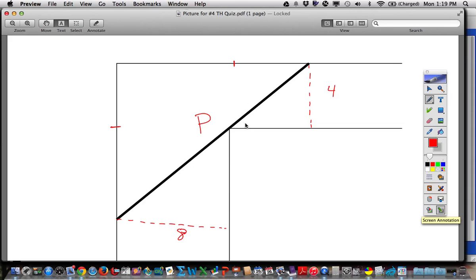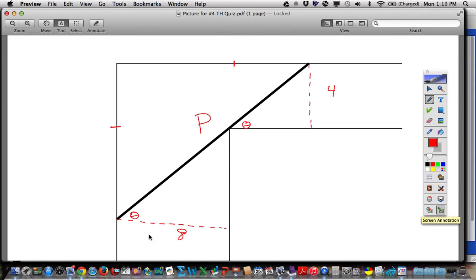Now, similar triangles. Somebody came in this morning asking me, are similar triangles part of it? I think absolutely they could be, though it wouldn't have to be similar triangles. Another thing that's true is these two angles would be equal, right? Those are corresponding angles. As this pipe moves, as we turn the corner, this angle is going to change, and that's equal.